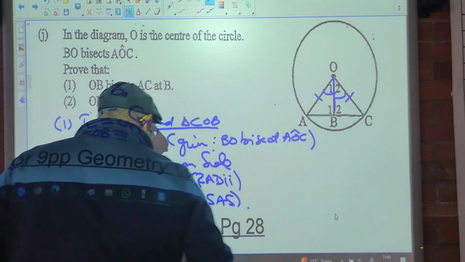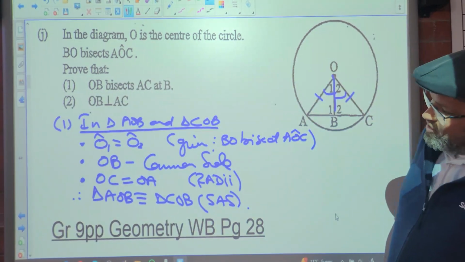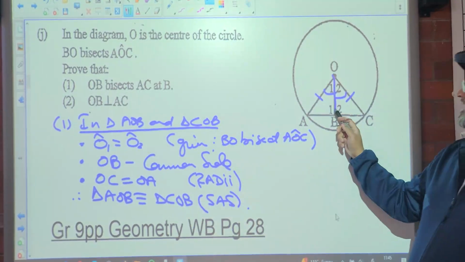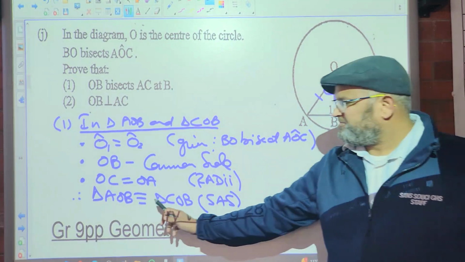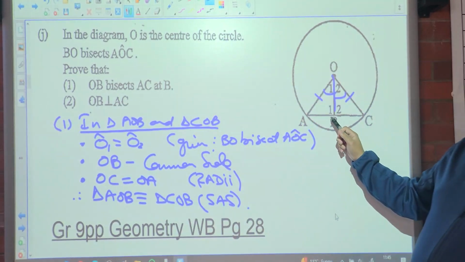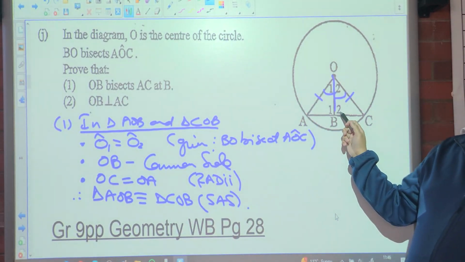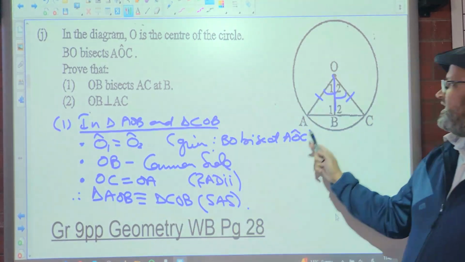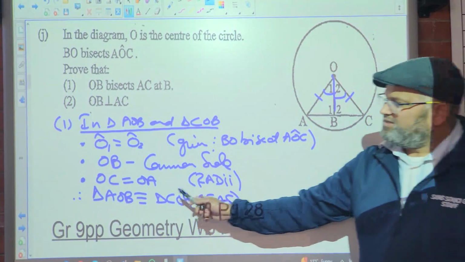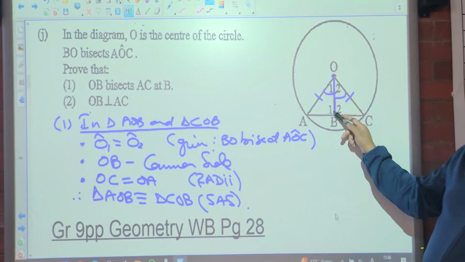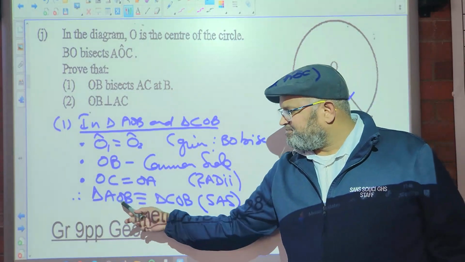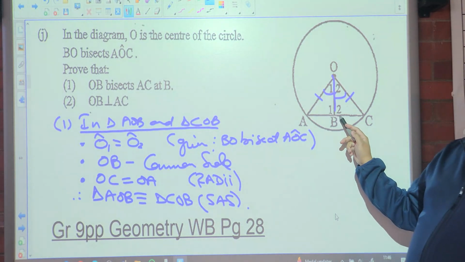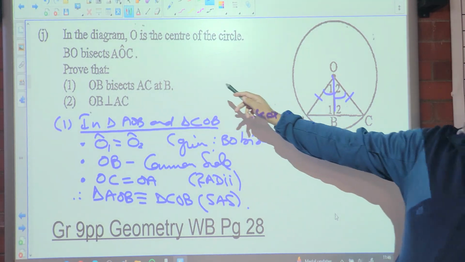But remember now, once we've proven that these triangles are congruent, we can now say that angle A is equal to angle C, angle O is equal to angle O, which we knew already, angle B is equal to angle B, where those two angles are equal. Can you see that? Also, what do we know? That OA is equal to CO, we knew that. OB is equal to OB, we knew that, so common side. And AB is equal to CB. AB is equal to CB, and that's what we want. Not so? As you can see here.